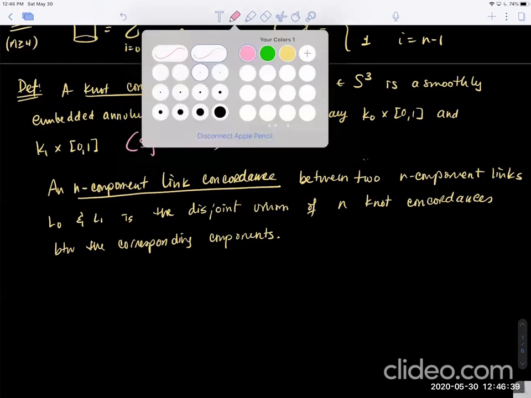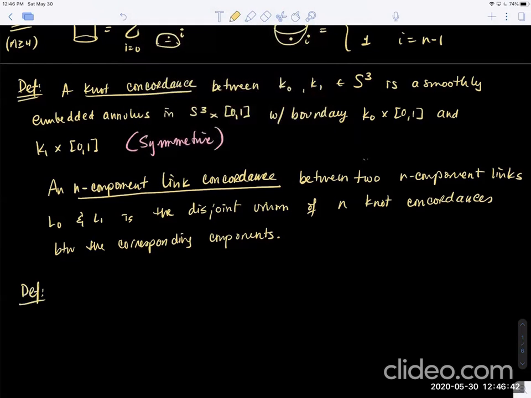Fantastic. Now, what is a ribbon concordance then? Clearly something more special.